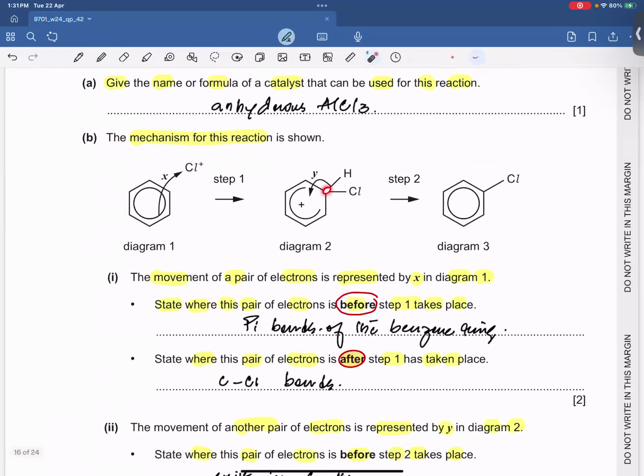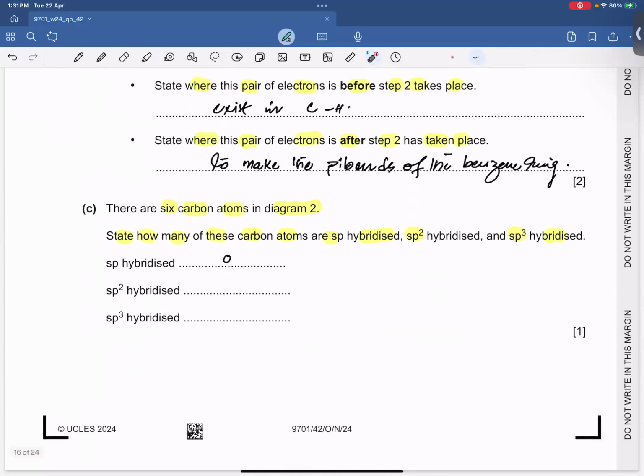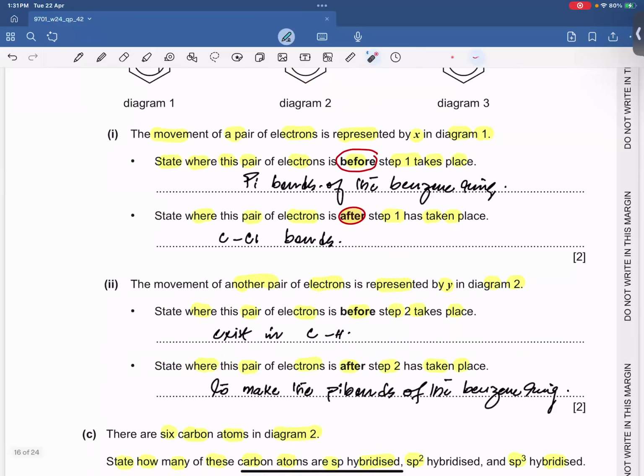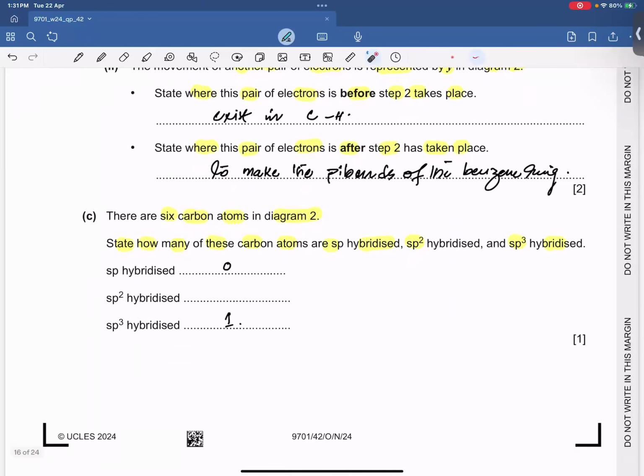We have only one single bonded carbon atom, so this carbon is sp3 hybridized. How many sp2? Wherever there is a double bond, sp2. This one, this one, this one, this one, and that one. So 1, 2, 3, 4, 5. So 5 carbons are sp2 hybridized.